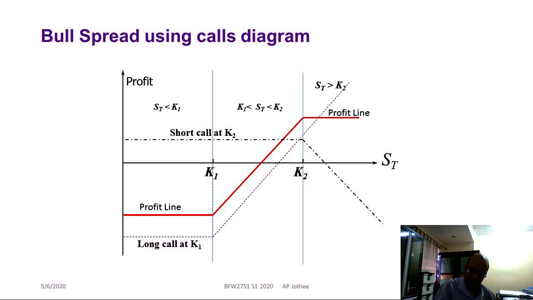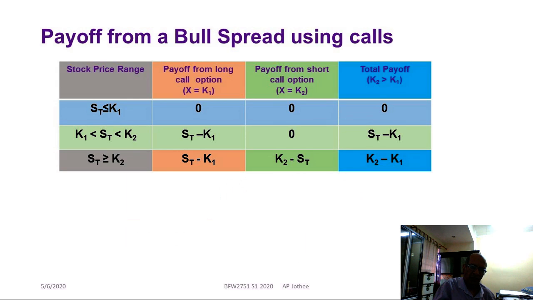But you look here in the diagram, the payoff from the long call is ST minus K1, because the minute the ST is breaching K1, you can exercise. So there's a payoff ST minus K1. But below K2, the short call won't be exercised, so it's 0. So your total payoff is ST minus K1. You will get profit there.